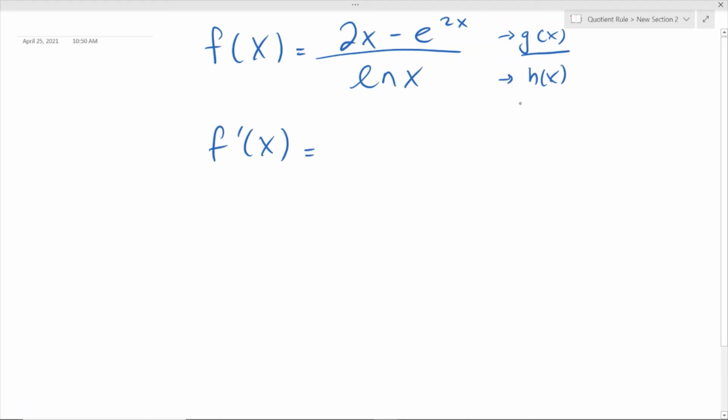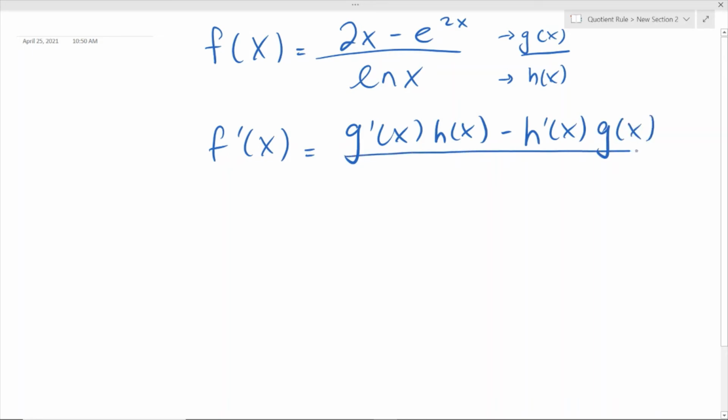Okay, so think of it that way. F prime of x is equal to, well, the formula for quotient rule, we have g prime of x times h of x minus h prime of x times g of x all over h of x squared, like that.